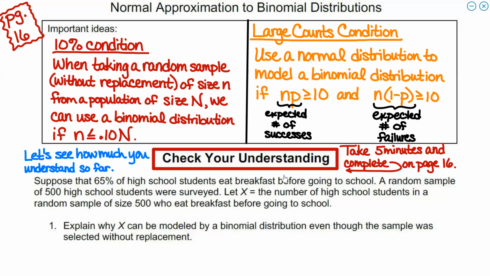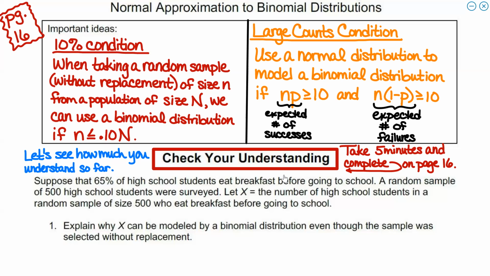If you're much more comfortable with the table, you want to convert it to a z-score and look it up on the table. You do the value that you're interested in, x minus the mean divided by the standard deviation. That gives you your z-score, and then you look that up on the table. It came out to be exactly the same. Sometimes the calculator is a little bit more precise, but overall they're going to be very, very close together.